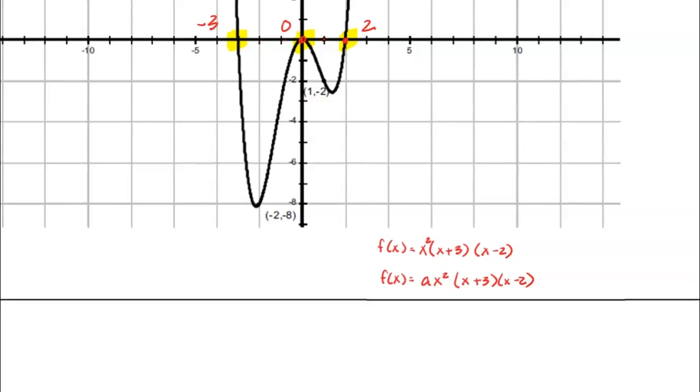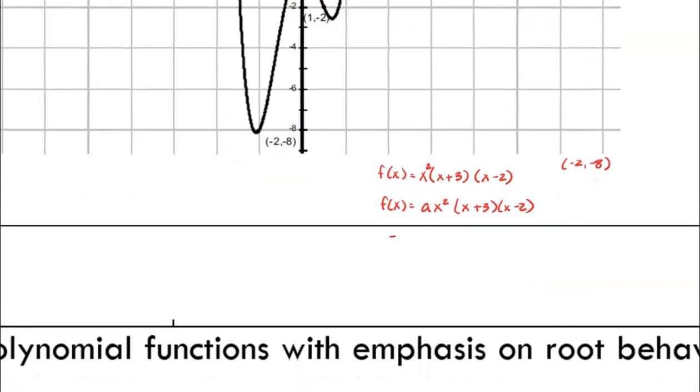It gives you an extra point, negative 2, negative 8. Negative 8 equals a times negative 2 squared, negative 2 plus 3, negative 2 minus 2. Negative 8 equals a times 4 times 1 times negative 4. Negative 8 equals negative 16a.